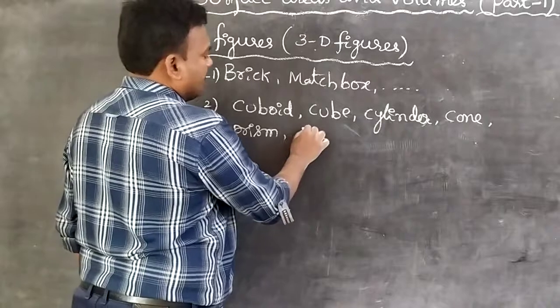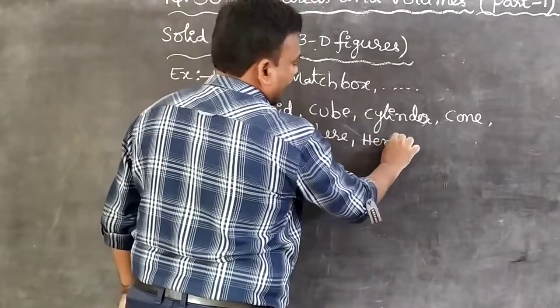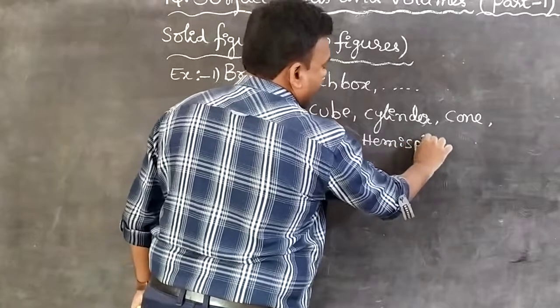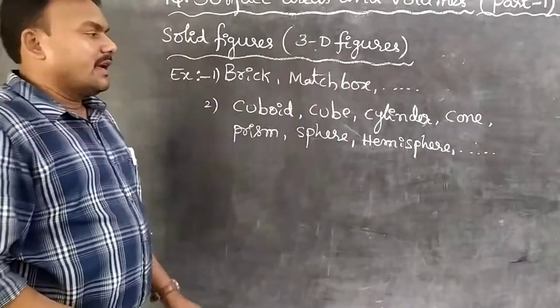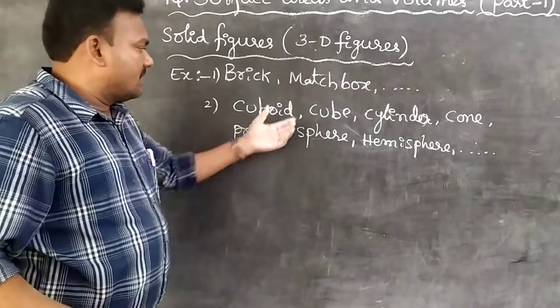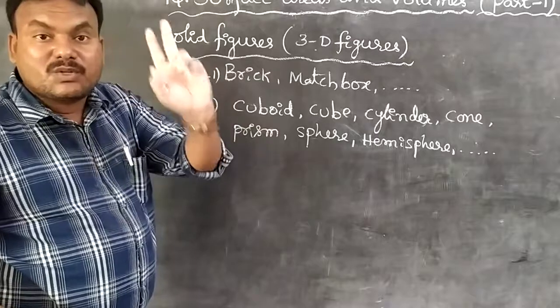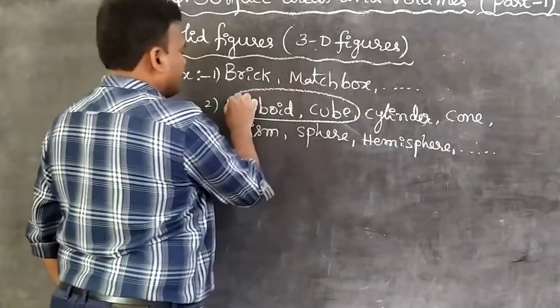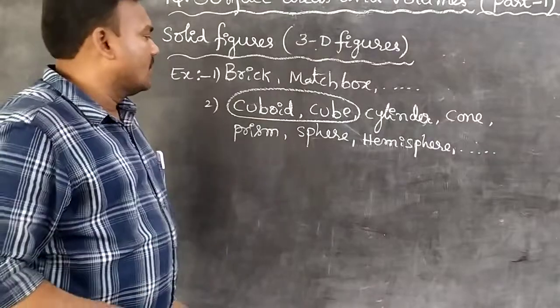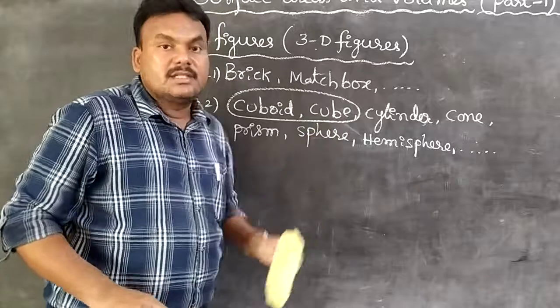Next one, sphere, hemisphere, and so on, students. These are 3-dimensional figures. In our syllabus, we discuss just 2 3D figures, that is cuboid and cube, students. Let us discuss what is a cuboid and what is a cube.